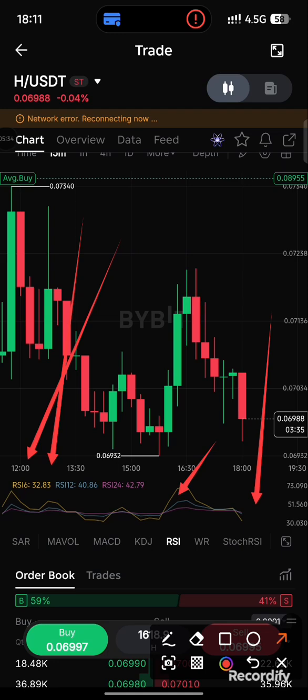You can see them right here. Now this particular yellow is coming down, it means it's not a good time for you to buy. This blue is coming down as well, and the purple is somehow neutral.